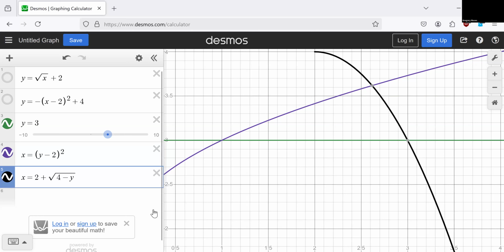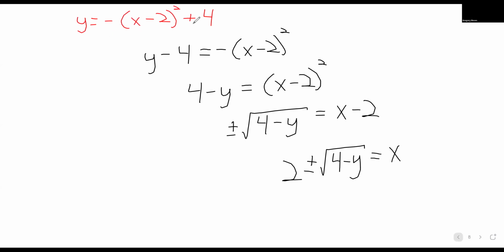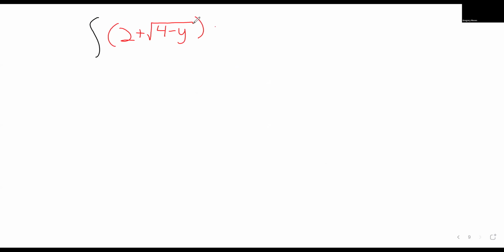And after all of this work, I'm not necessarily convinced that this is easier than breaking it up into 2 integrals, but there's 2 plus the square root of 4 minus y, and there's y minus 2 squared, dy.